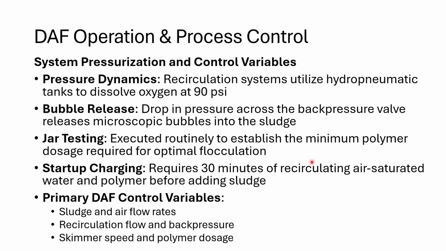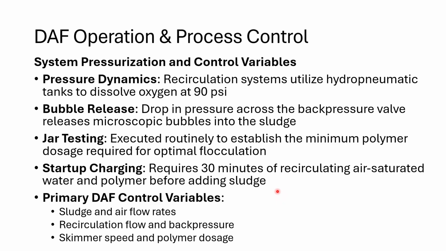We also, just as we do in a water treatment plant, have jar tests. A jar test is basically where we take a sample of our wastewater prior to this process. Then we dose, like, 10 jars, for example, with different concentrations of the polymer we're adding to act as a coagulant.